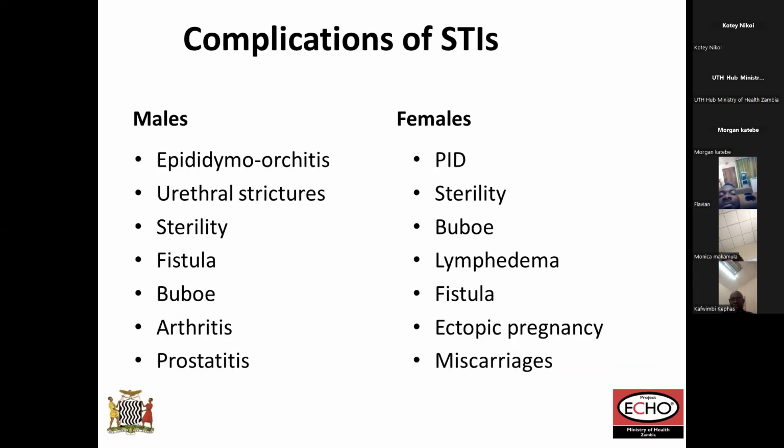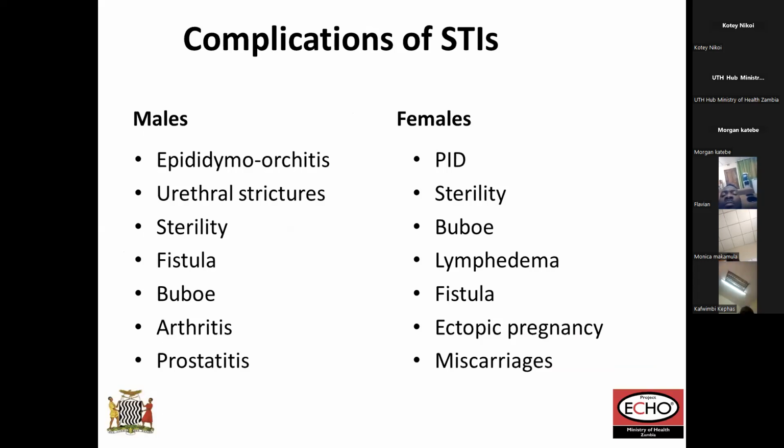Some of the complications of STIs in males: the infection can ascend and cause inflammation in the epididymis or the testis. Long-term, if not treated properly, it can cause urethral strictures and sterility. Fistulas can form depending on where the infection is, and then there are buboes.